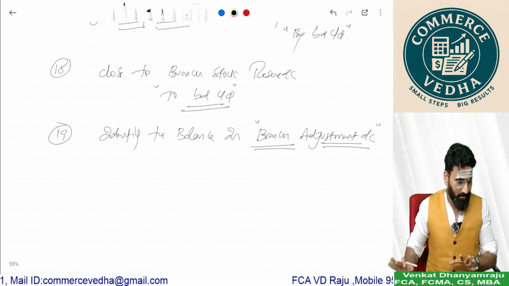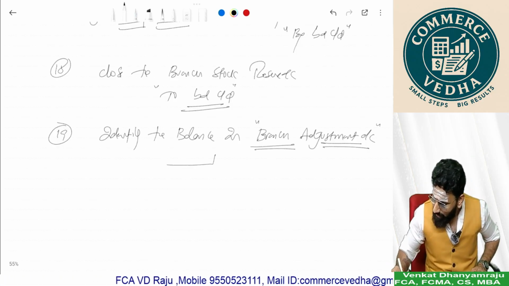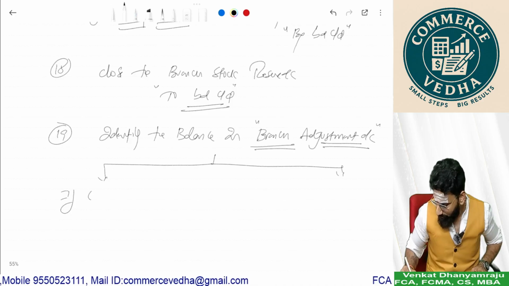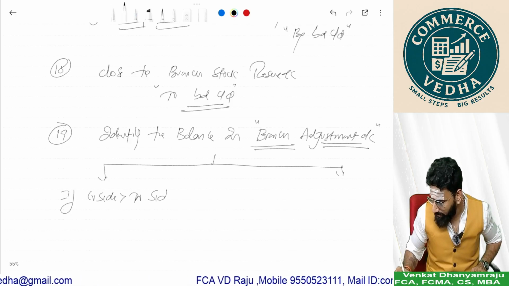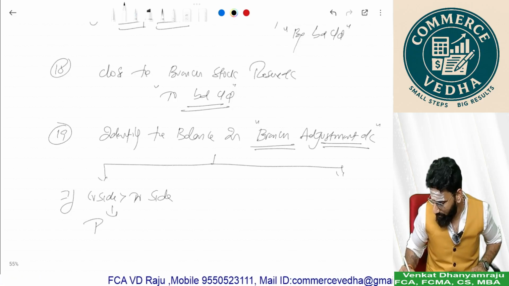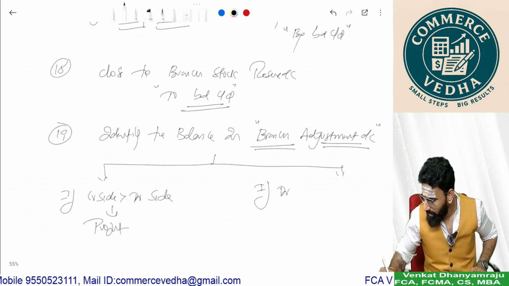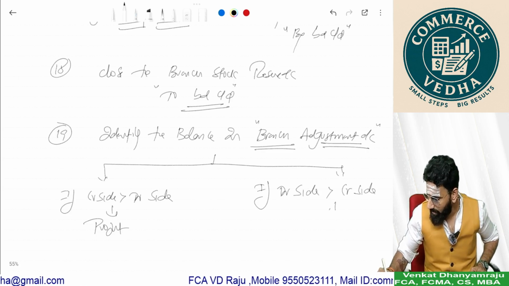It's for loading. Now the balance, there is a chance that the balance may be two balances. What are those? If credit side greater than debit side, this is profit. And if debit side greater than credit side, it is loss.